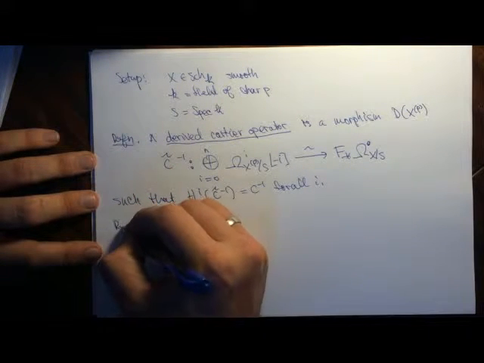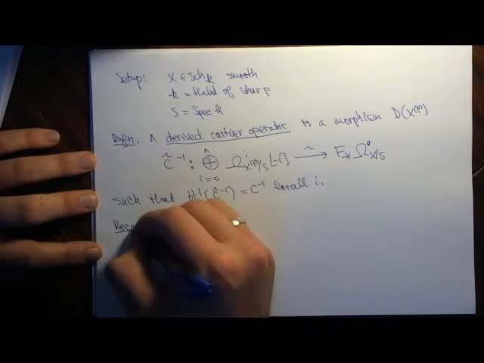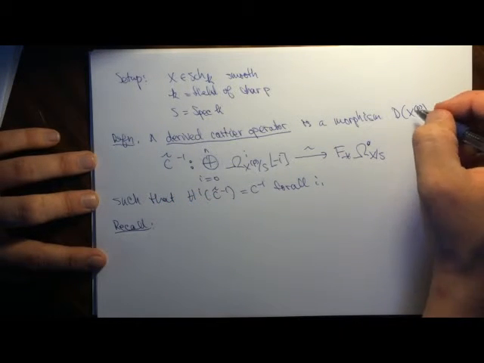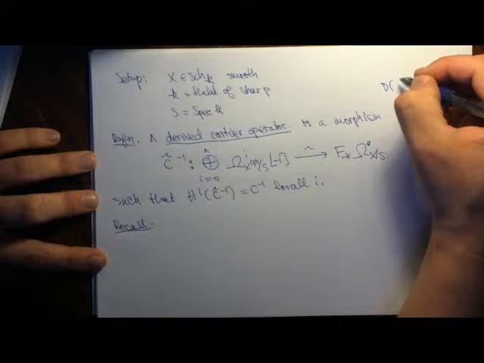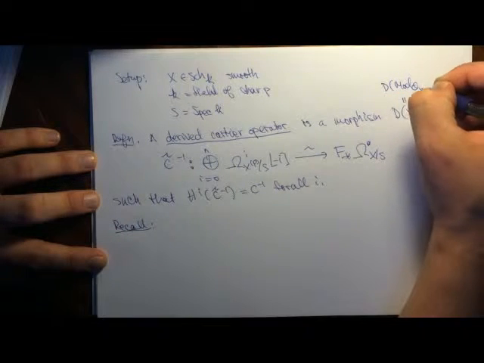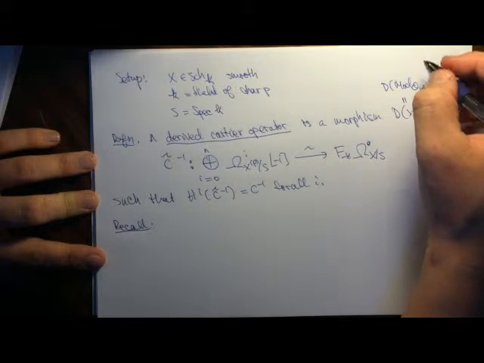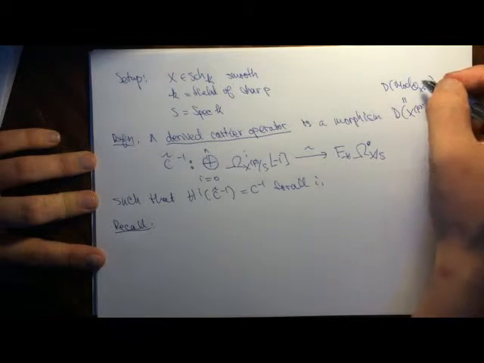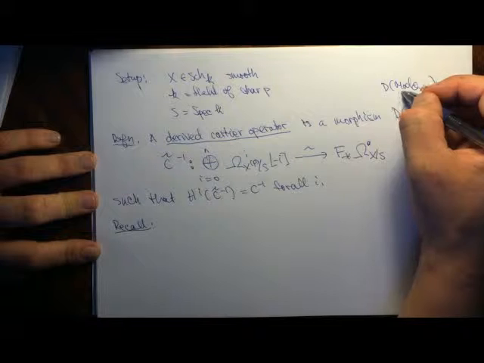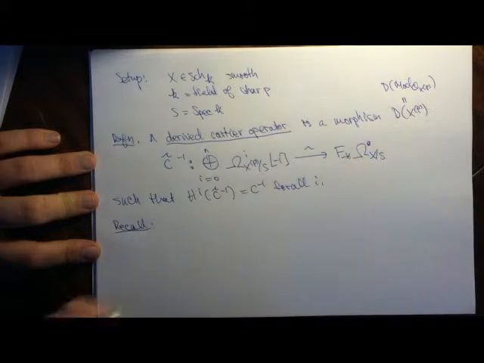So let's recall. This is a morphism here. Let me say that this is D of Mod-O_X, modules here. We can say quasi-coherent modules if we want, and then this is an abelian category.